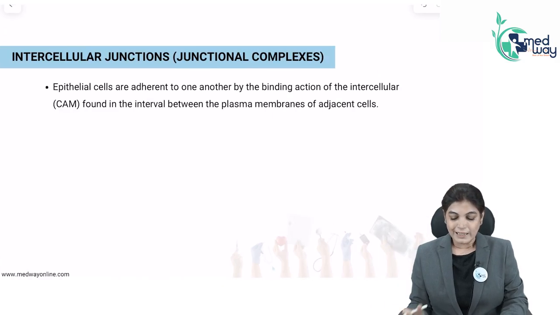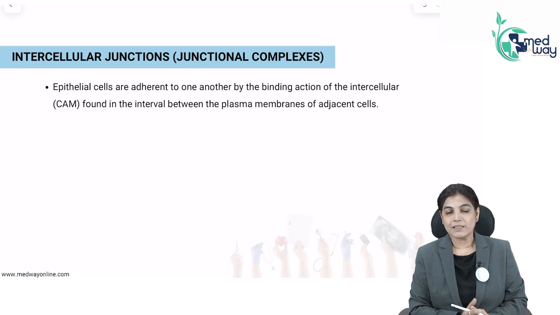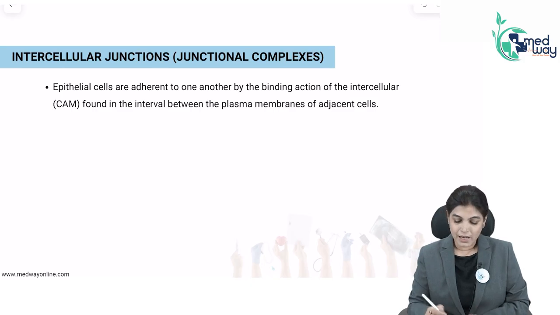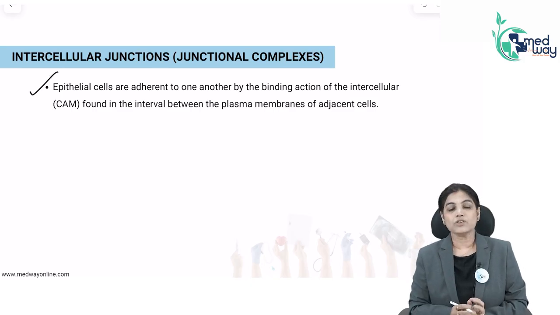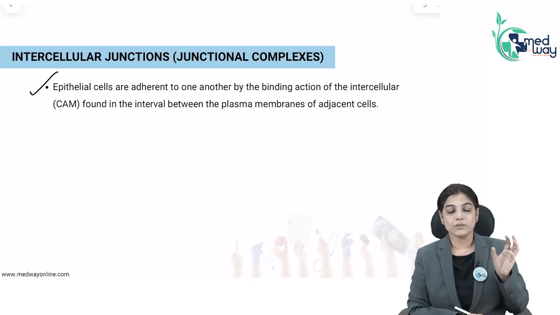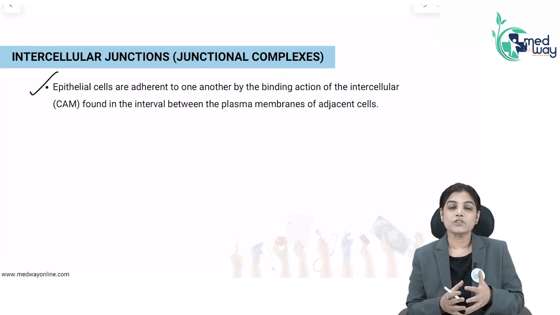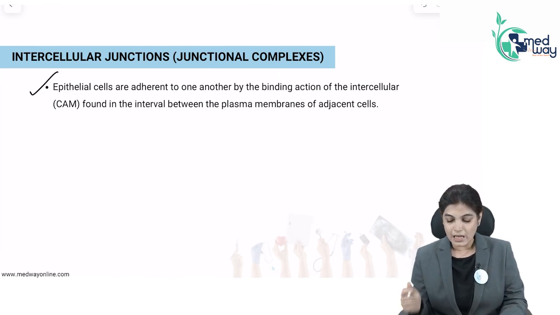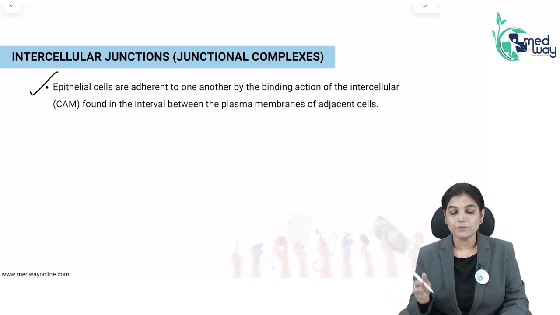Now, let us talk about intercellular or junctional complexes. The individual epithelial cells have interconnections that are called junctional complexes. Epithelial cells are adherent to each other by cell adhesion molecules. We have to understand these connections.